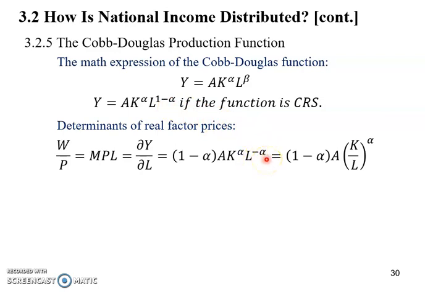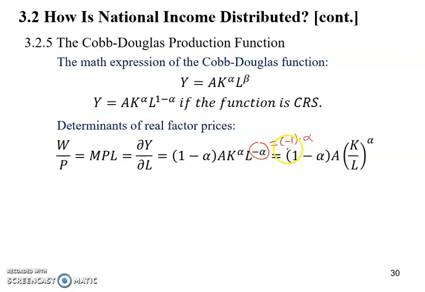Because L to the power of minus alpha equals 1 over L to the power of alpha, in other words, minus alpha equals minus 1 times alpha, and L to the power of minus 1 is 1 over L, and then to the power of alpha.